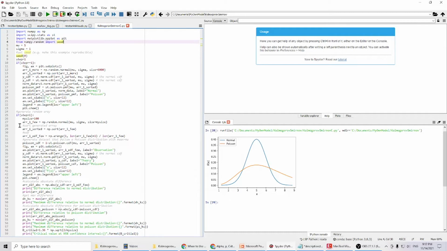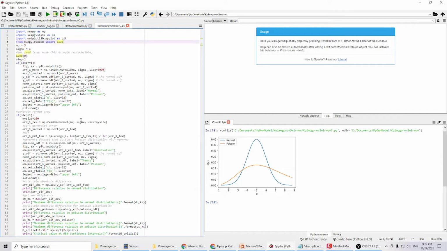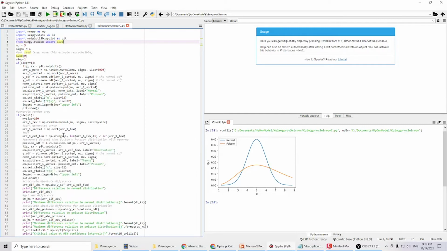So first, I'm going to generate some random sample data based on the normal distribution, and I will sort them, and then I will calculate the EDF for our sample data. Then I will calculate the CDF for the Poisson distribution, and I'm going to draw a graph to show the differences.